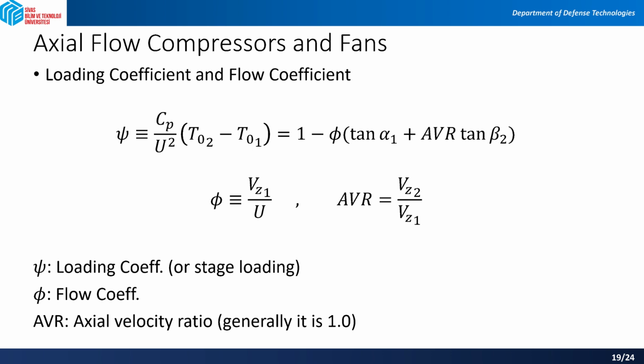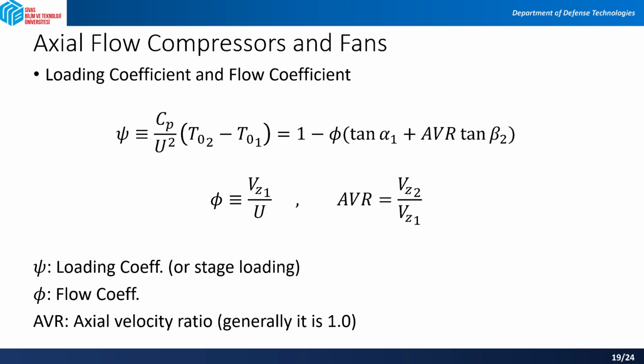Now let's give some other parameters that are used inside turbomachines: the loading coefficient and the flow coefficient. What are these? We define the loading coefficient psi as Cp over U squared times T02 minus T01.